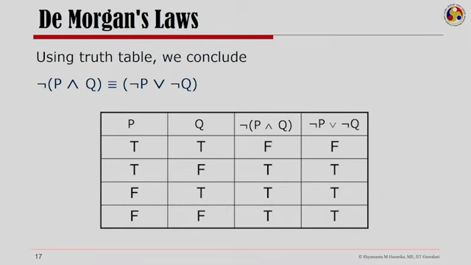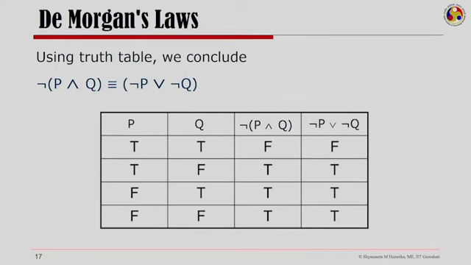Let us now look at two important equivalence relations which are referred to as De Morgan's laws, and for that we will use the truth table to establish those equivalences.